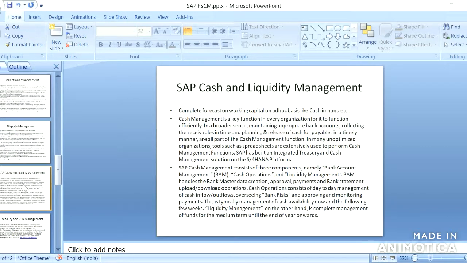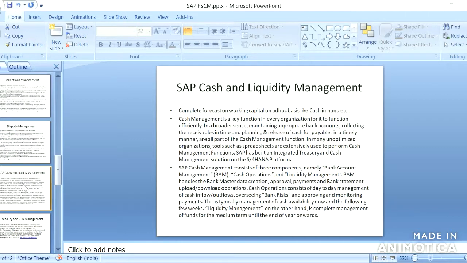Cash management is a key function in every organization for it to function efficiently. In a broader sense, maintaining appropriate bank accounts, collecting the receivables in time, and planning and release of cash for payables in a timely manner are all part of the cash management function.